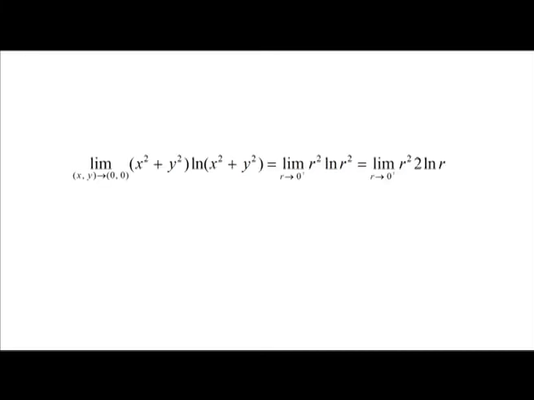Thus, the limit as (x, y) approaches (0, 0) of (x²+y²) ln(x²+y²) is equal to the limit as r approaches 0⁺ of r² ln r², which is equal to the limit as r approaches 0⁺ of 2 ln r divided by 1/r², which is in the ∞/∞ indeterminate form.